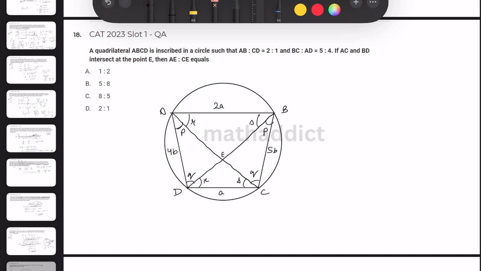Now using this we get the triangles AED and BEC are similar.